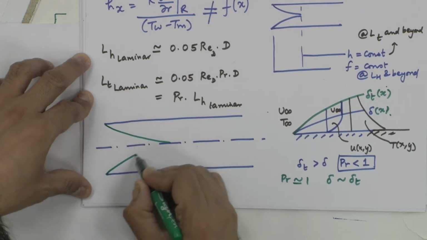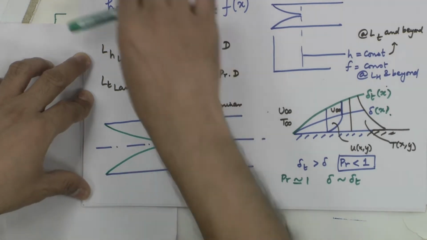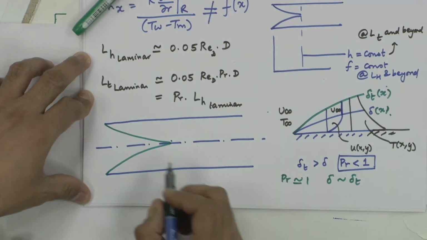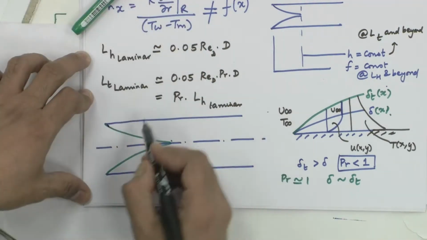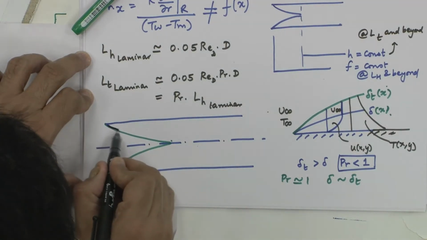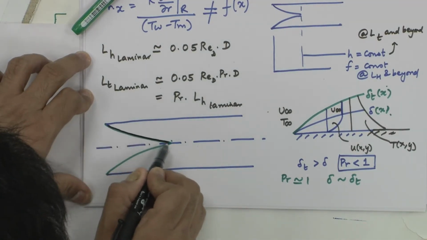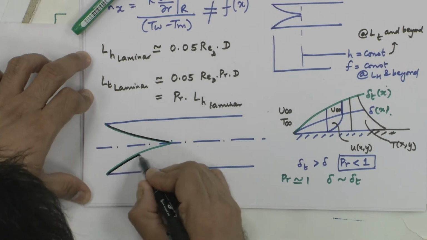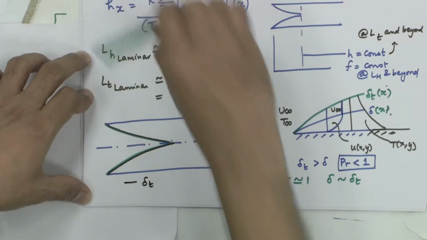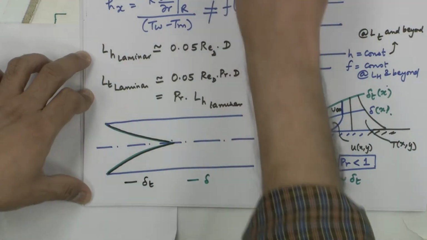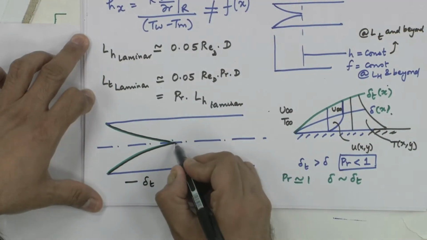The hydrodynamic entrance length and the thermal entrance length. The green one is hydrodynamics, the black one is the heat transfer or thermal boundary layer. This is the delta T, the green one is the delta. Both of them are growing at the same rate.